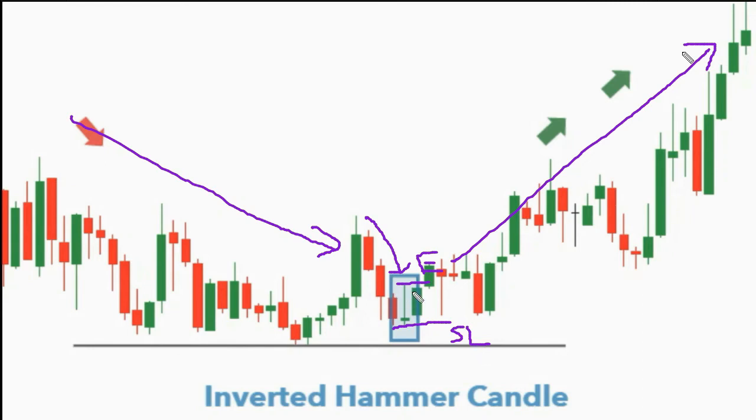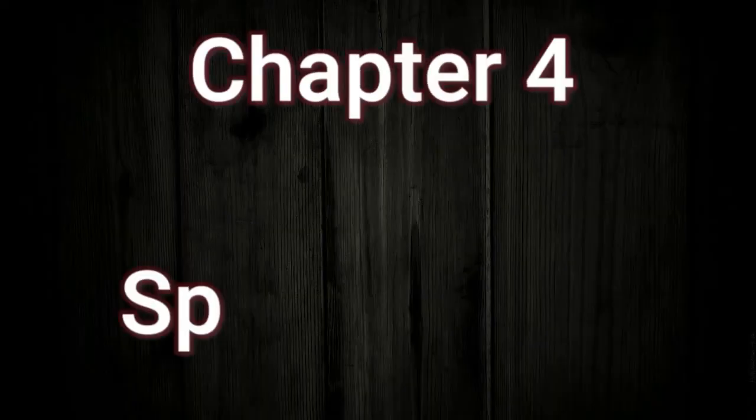After the formation of the inverted hammer candle, if the buyers break the high on the next day or the day after, then there is a high probability of getting strong momentum from buyers and we can get a strong bullish rally after the high is broken.